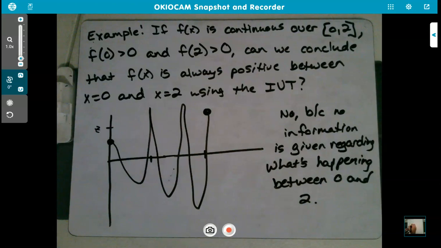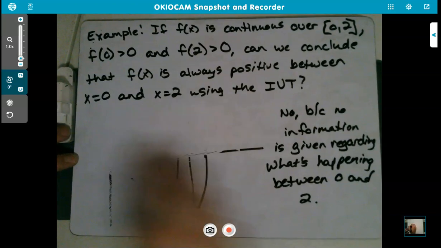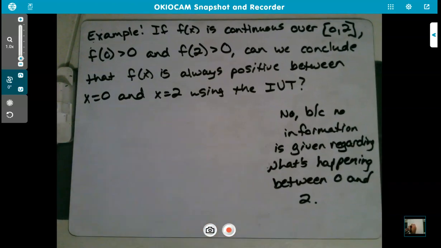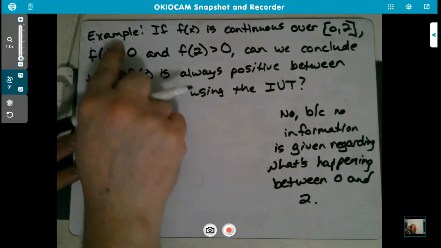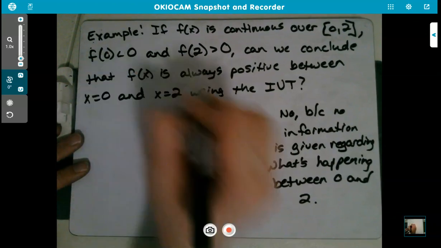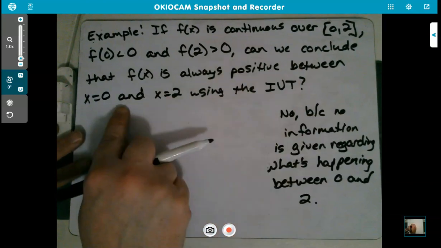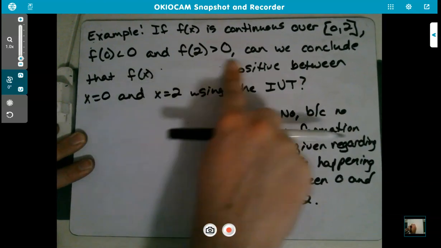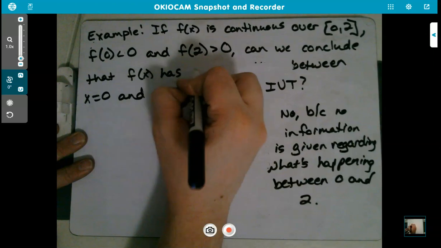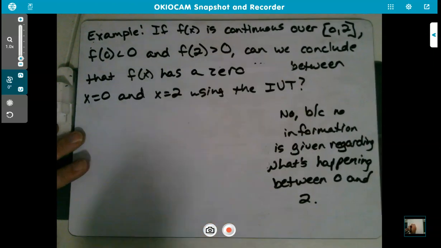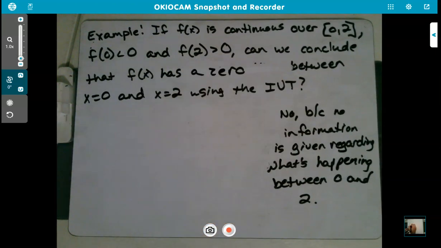Now, let's think about this another way. Let's say they changed the problem to say f of 0 is negative and f of 2 is positive. Then it asks, can we conclude that f of x has a 0 between x equals 0 and x equals 2?